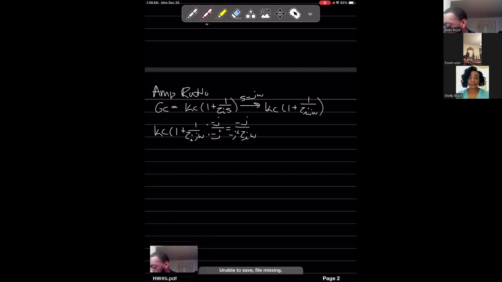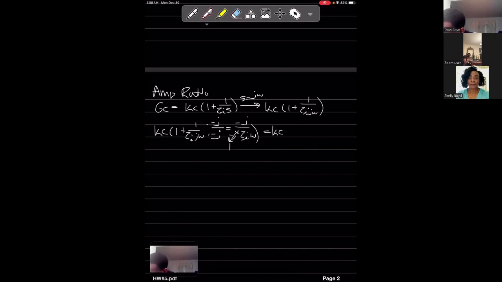We know negative j squared goes to negative one, which cancels out the other negative, so we just have one here. And then we'll factor out the negative j outside of it.